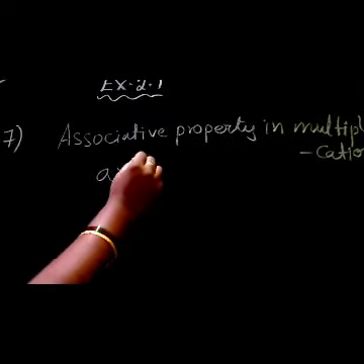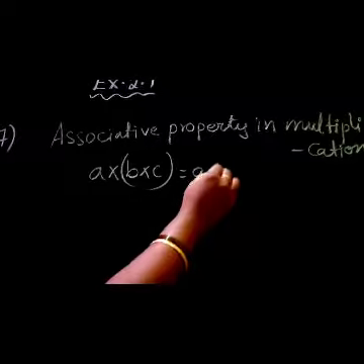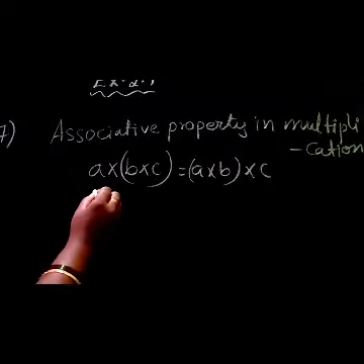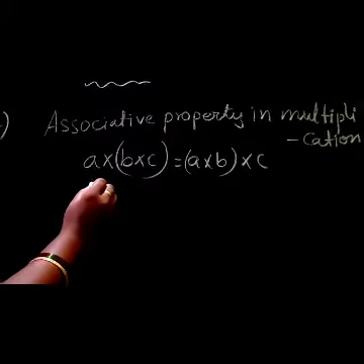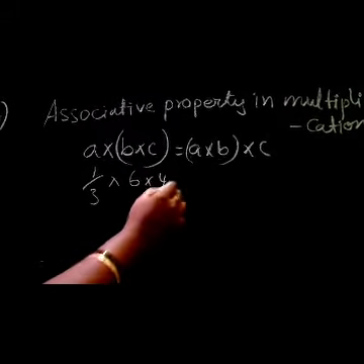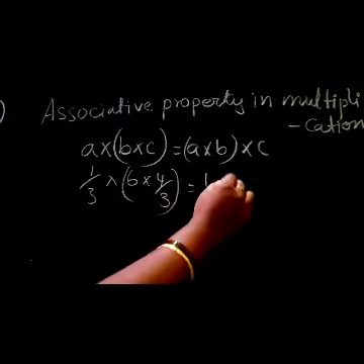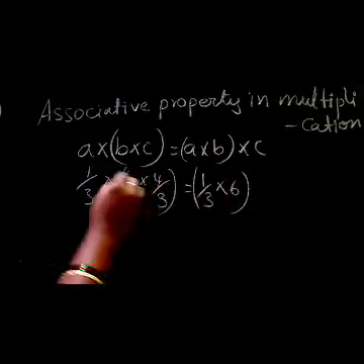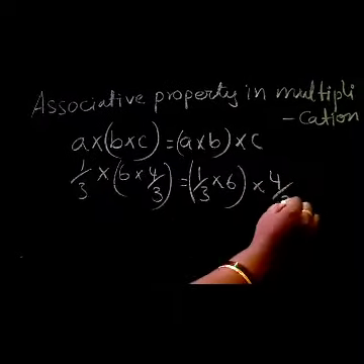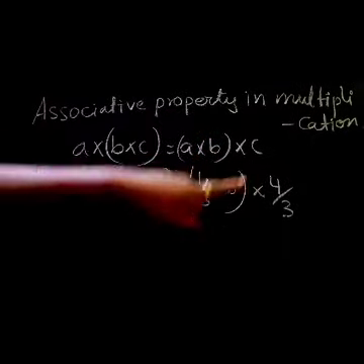A into B into C equal to A into B into C. Same like this, our question is 1 by 3 into 6 into 4 by 3 equal to 1 by 3 into 6 into 4 by 3 they given. So, it is associative property in multiplication.